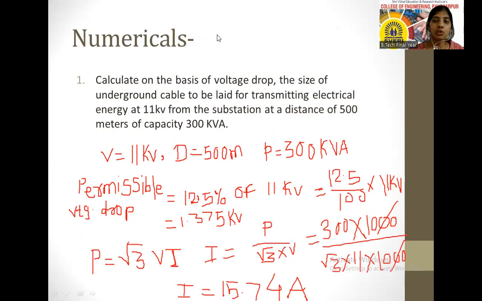Okay, so all of you are requested to take a screenshot of this question and try to solve it by yourself. Because of some work, I will end our session here itself. So you just calculate the answer, and tomorrow I will ask anyone randomly the procedure for solving the numerical.